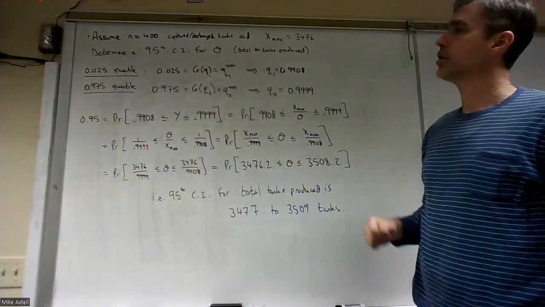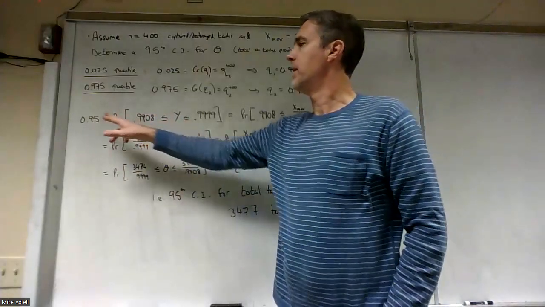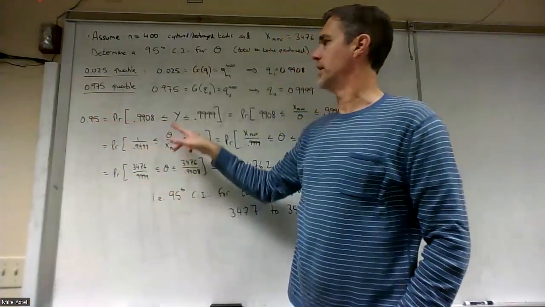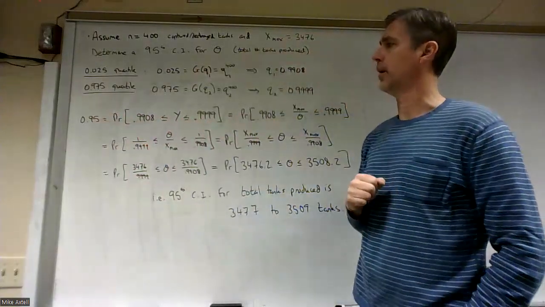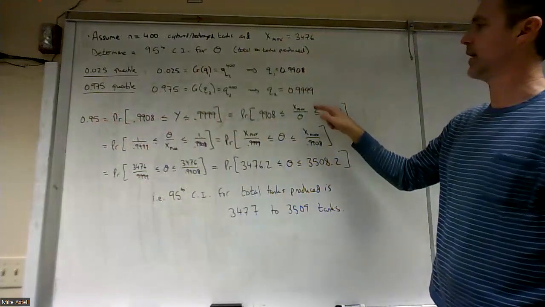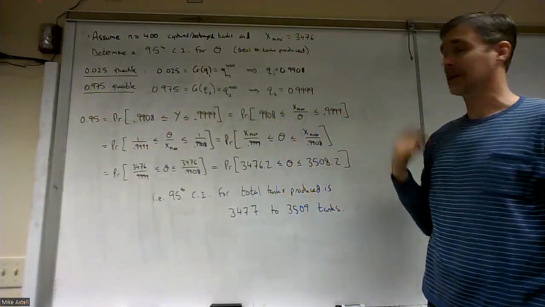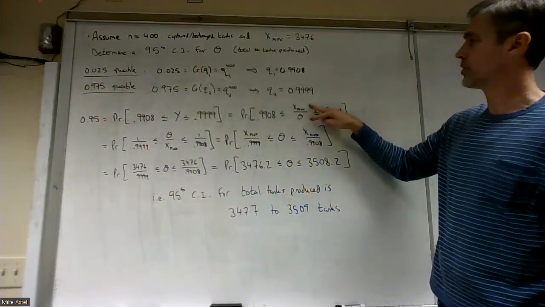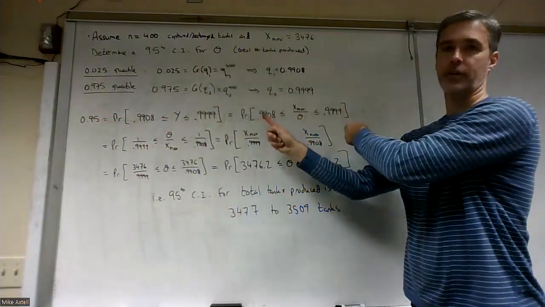All right, so the quantile information tells me that with 95% probability, y lands between 0.9908 and 0.9999. Now, y is x max divided by theta, our pivot variable. I'd like to solve for theta. First I'm going to flip the fraction, but when I do, I need to flip these and reverse them, okay?